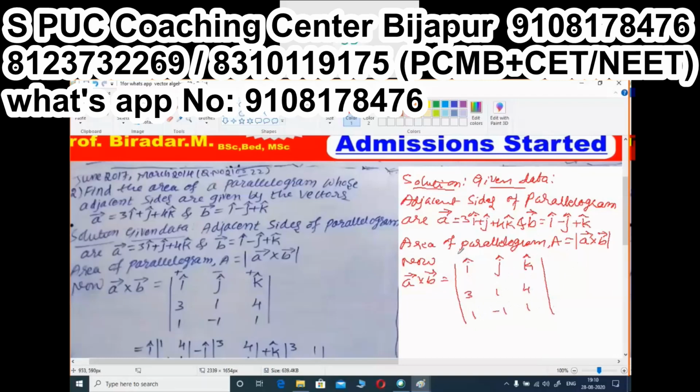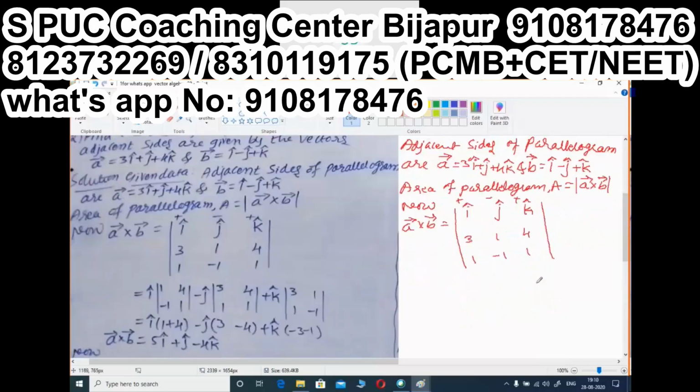Expand this determinant along the first row itself, with signs plus, minus, plus, to find the value of A cross B.